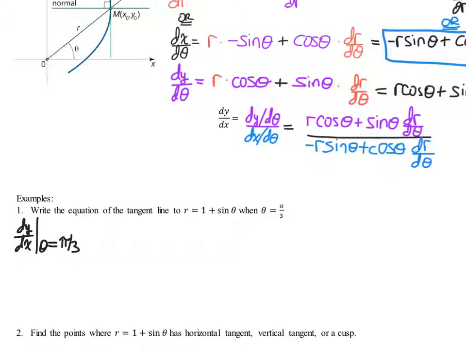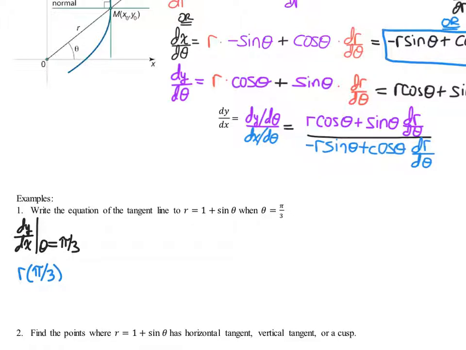Now, I can write out that entire formula and then do some substitutions, but I really don't want to do that. I would figure out what r of pi over 3 is, because all of this is happening at pi over 3. If all I'm going to do is substitute 1 plus sine theta for r, and then replace the theta with pi over 3, why not just figure out r of pi over 3 right off the bat?